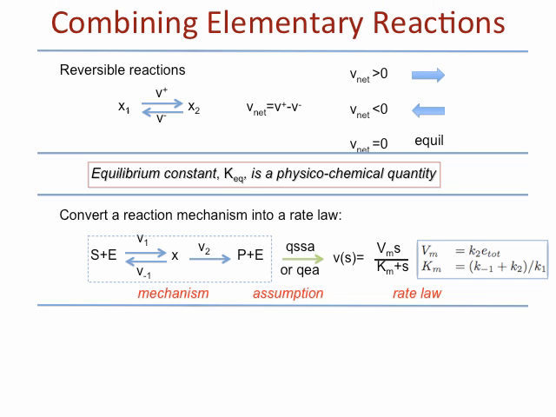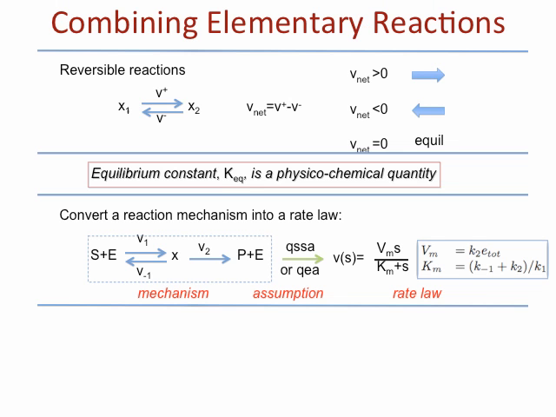Here you have a substrate binding to an enzyme reversibly to form an intermediate X, and that intermediate can then carry out the reaction, release the product, and regenerate the enzyme. So there are three elementary reactions in this mechanism.